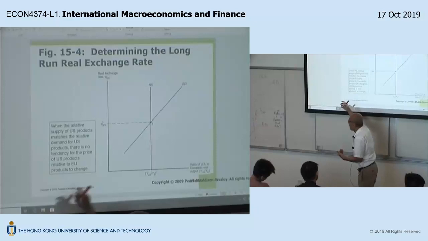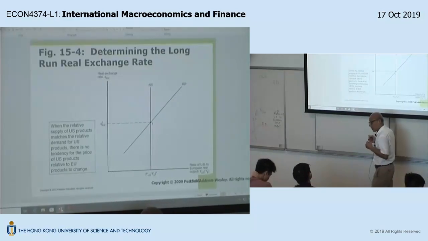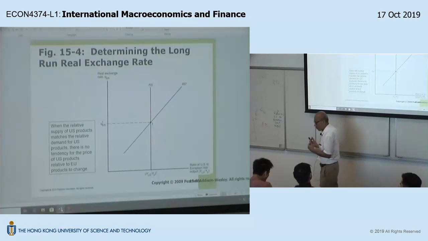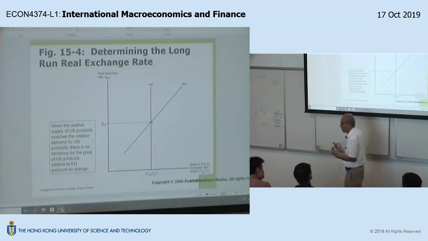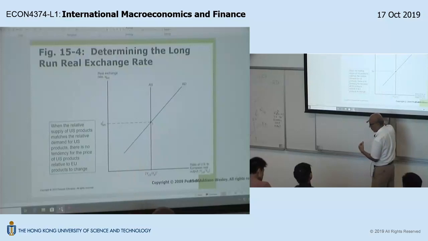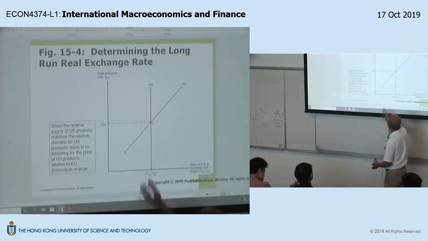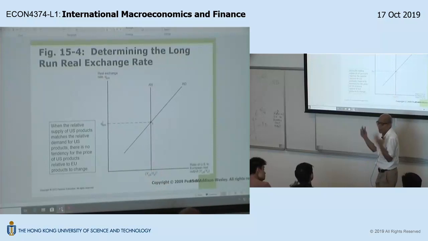And so in order for the market to get back to equilibrium, the relative price of American goods has to be lower, and the relative price of European goods has to be higher. This is the market mechanism, basically.